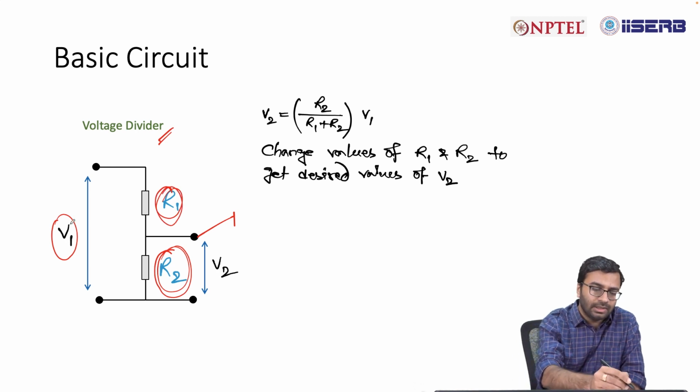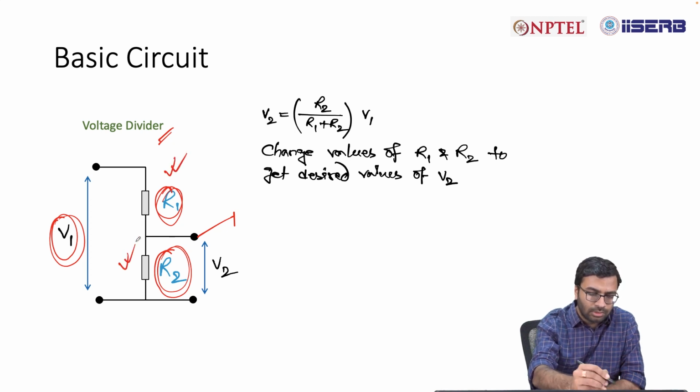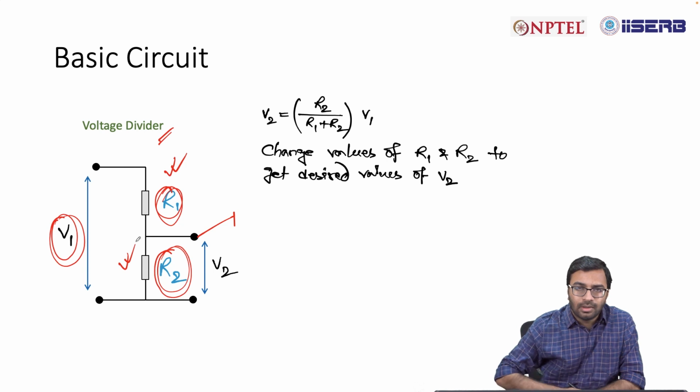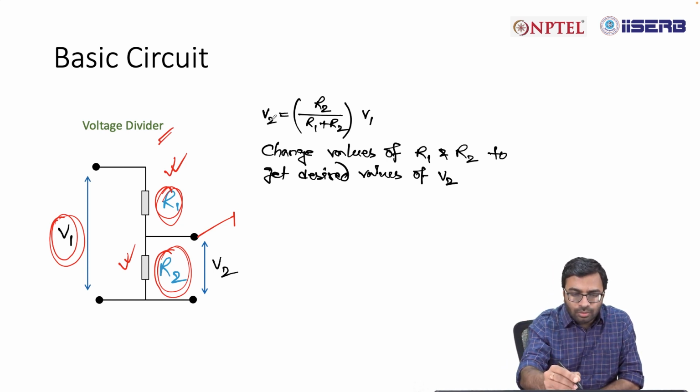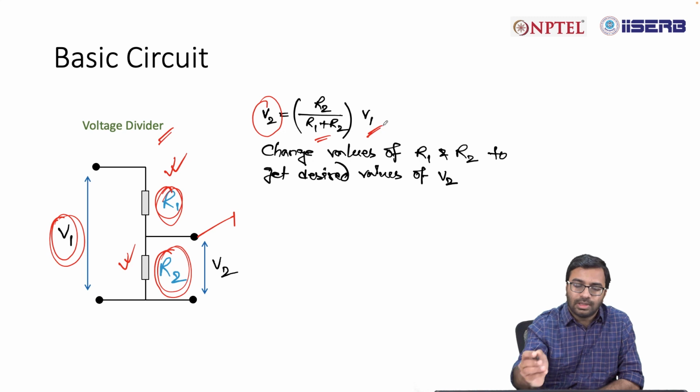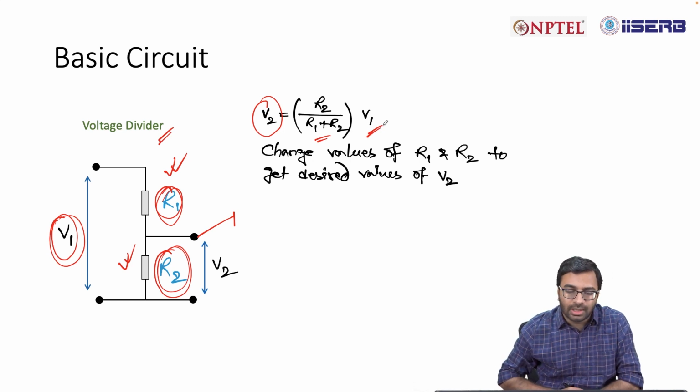So basically the input voltage, that is V1 in this case, will be divided between R1 and R2 based on their resistance values. So in this case the voltage V2 is equal to R2 divided by R1 plus R2 into V1. That we have seen, and we also have derived how it came.